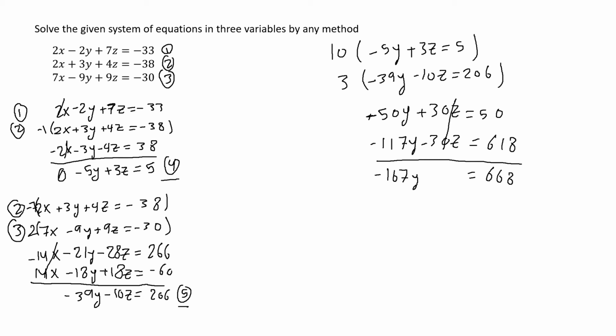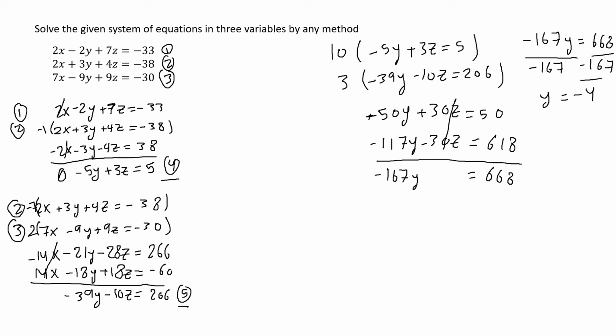So now we have negative 167y is equal to 668. We're going to divide both sides of the equation by negative 167. And then y is 668 divided by 167, which equals negative 4.